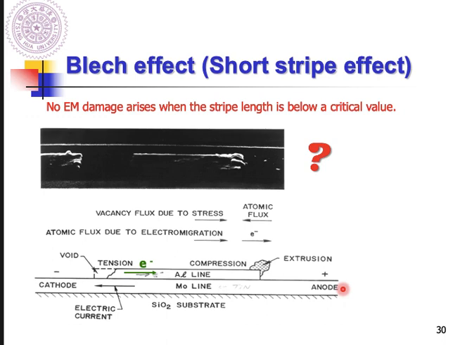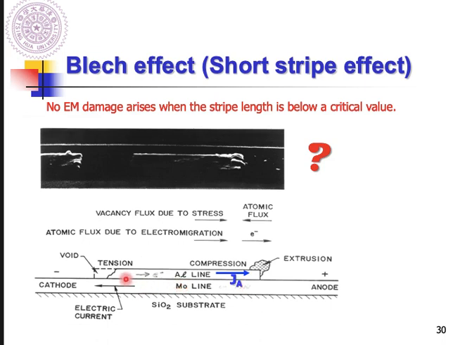As long as this electron flow is high enough to create electron migration, then what? This electron flow is going to push the aluminum atoms to go this way, right?